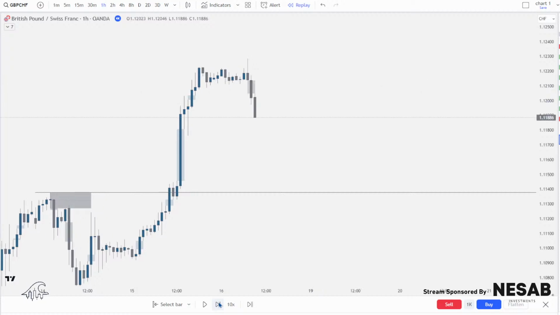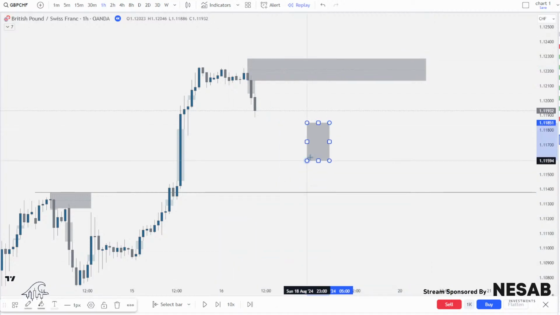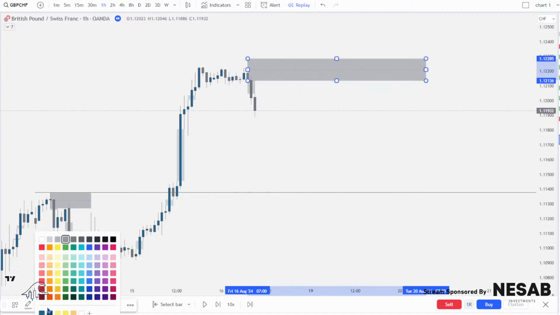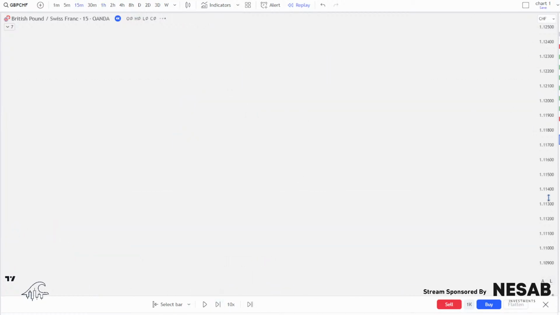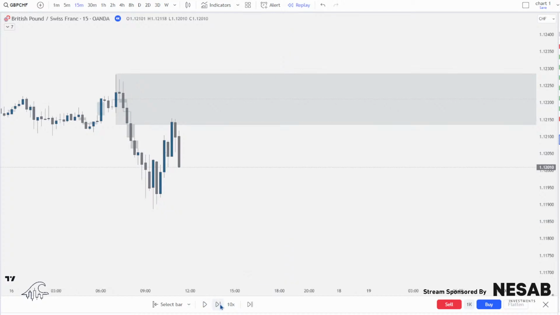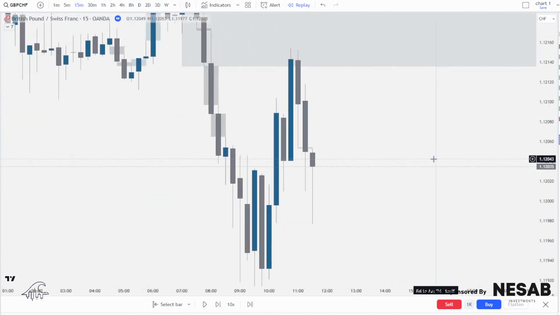So we're still looking for that money out process right here. Cool. If we can get a tag into this, I'm just going to make this a little bit more translucent. Okay, tag in, we're forced to go 15. Do we see a space form here? Is that a space?